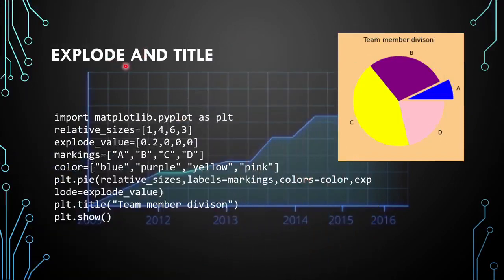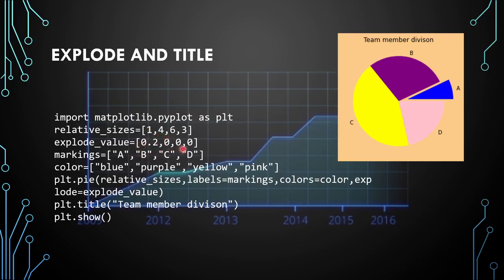Explode and title. Sometimes we need to highlight something like this, the A, for some reason. So we can do it. Explode value 0.2, 0, 0, 0 means A is exploding by 0.2; this is a relative size. You can change it to 0.1 or 0.3 and see how much is the difference.